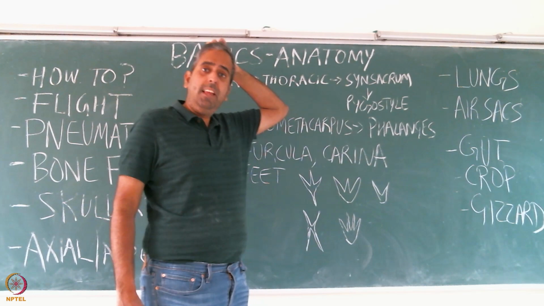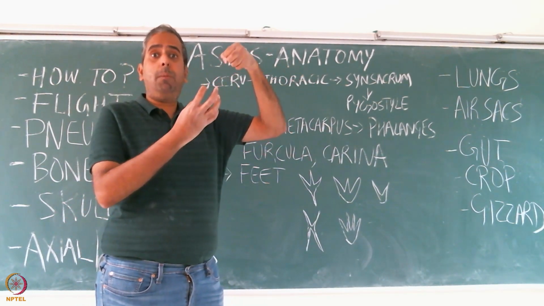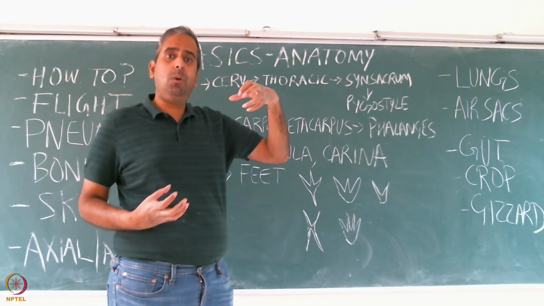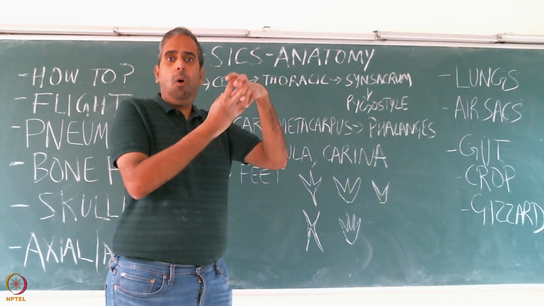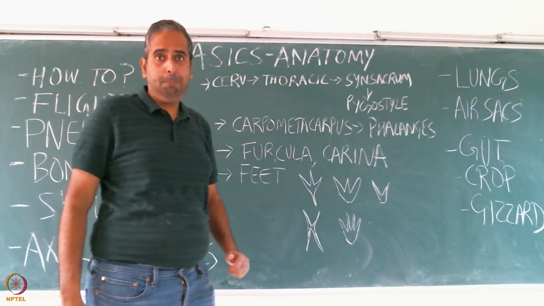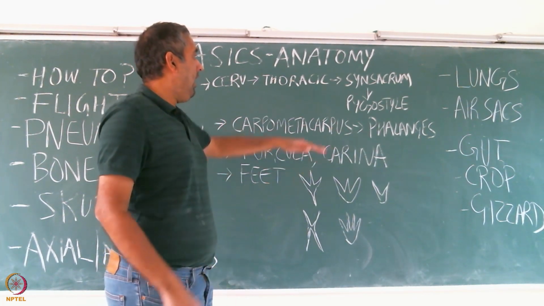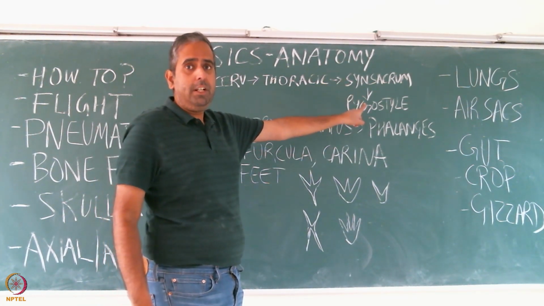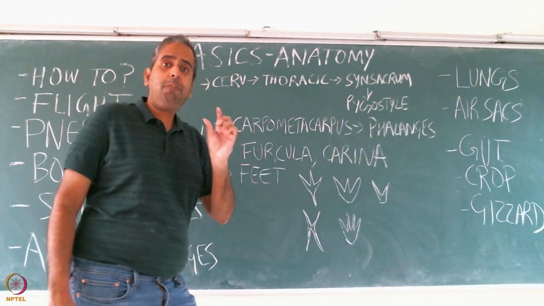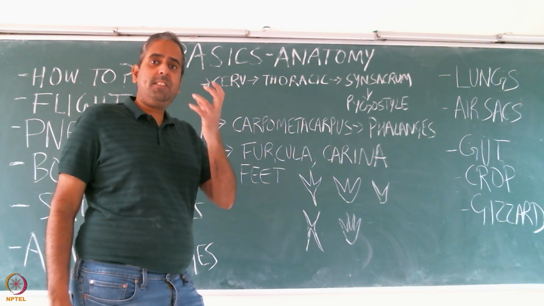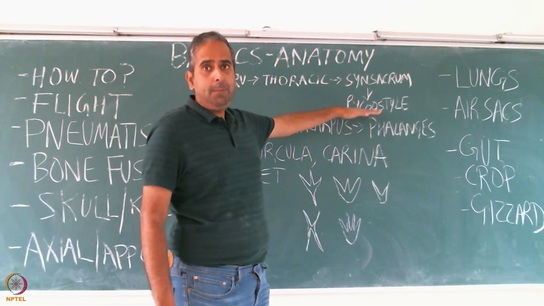Okay, the synsacrum is a fused bone which articulates with the pelvis, and the pelvis also consists of fused ilium, ischium, and pubis, all fused into one pelvic bone. So the synsacrum supports the pelvis and then articulates further down with the caudal or the tail vertebrae. And the final tail bones consist of a fused series of bones that is called the pygostyle.